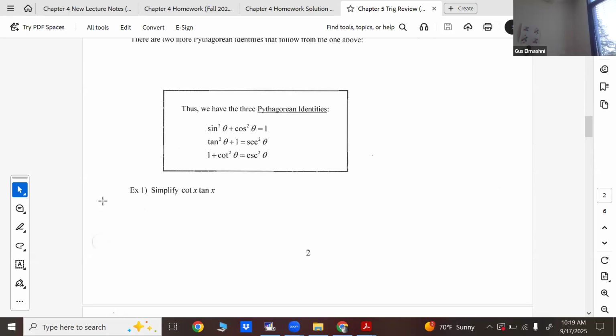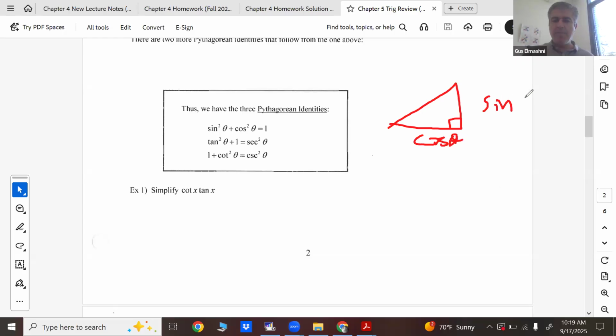Yeah, divide by sine squared or divide by cosine squared. Correct. You can get those other variations by dividing both sides by sine squared or cosine squared. And again, why does that make sense? Because when you think about the unit circle, that's cosine theta, that's sine theta, that's one.